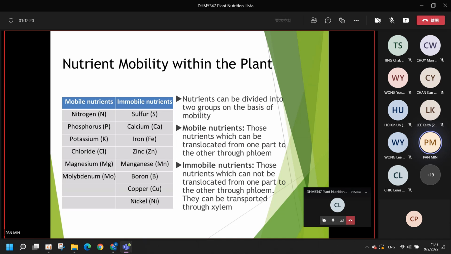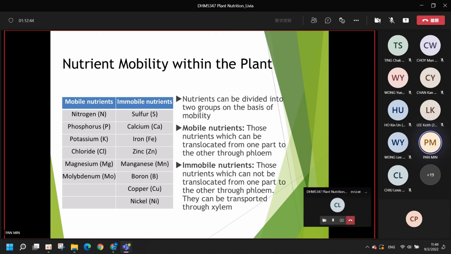All nutrients move relatively easily from the roots to the growing portions of the plants. Interestingly, some nutrients can also move from older tissue to newer tissue if there is a deficiency of that nutrient.